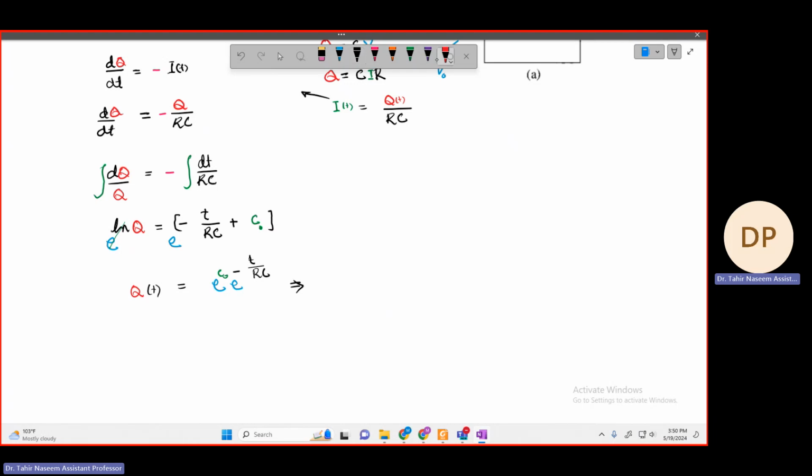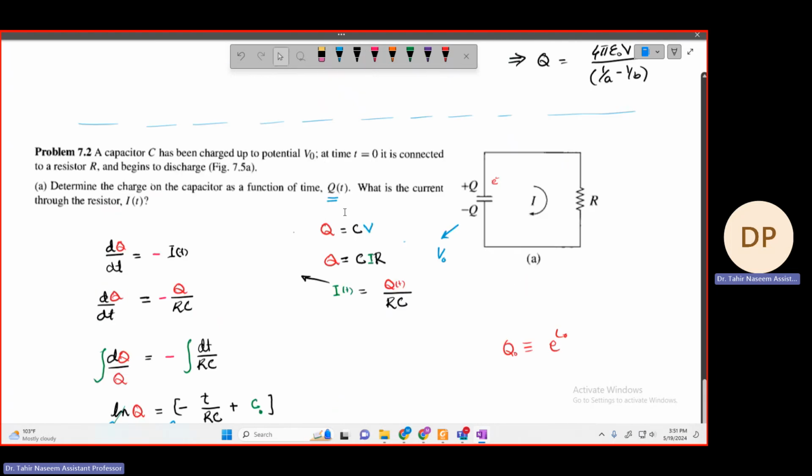Q of t, which is a function of time, I can write with a constant, let's call it Q naught. Q naught is e to the power c naught, which we defined. It is a constant, so q of t is Q naught times exponential of minus t over RC.